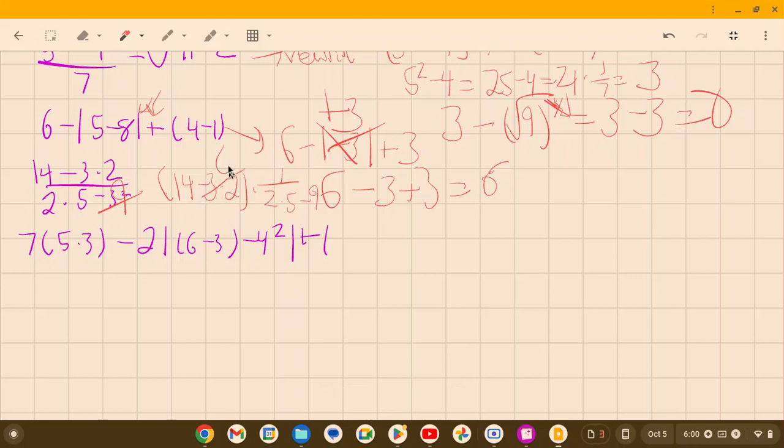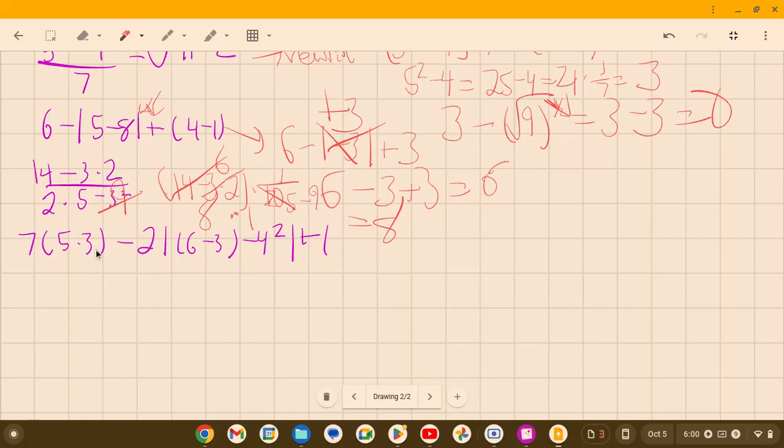So that's 6. 14 minus 6 is 8 times 10 minus 9 is 1. That's 1. 8 times 1 is 8. That's if I'm doing it right.